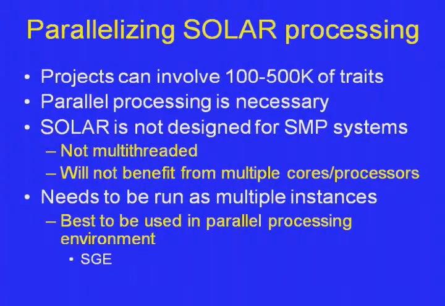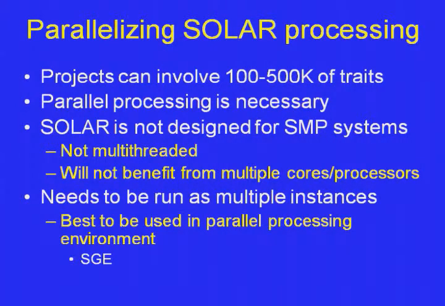Now, the next important topic is how to execute Solar in a parallel environment. Typically, imaging genetic projects involve performing genetic analysis on a very large number of traits, and therefore parallel processing becomes necessary.